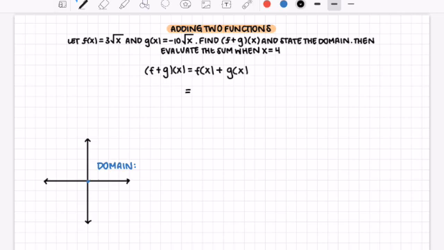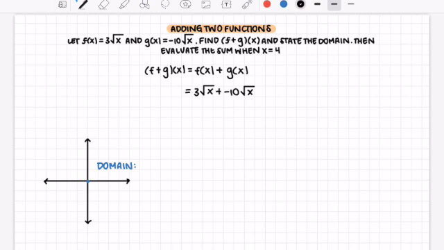And I know that my f of x is equal to 3 times the square root of x, so I'll drop that down as my 3 square root of x. And then for my g of x, I know that's supposed to equal negative 10 square root of x. So I drop that right here.